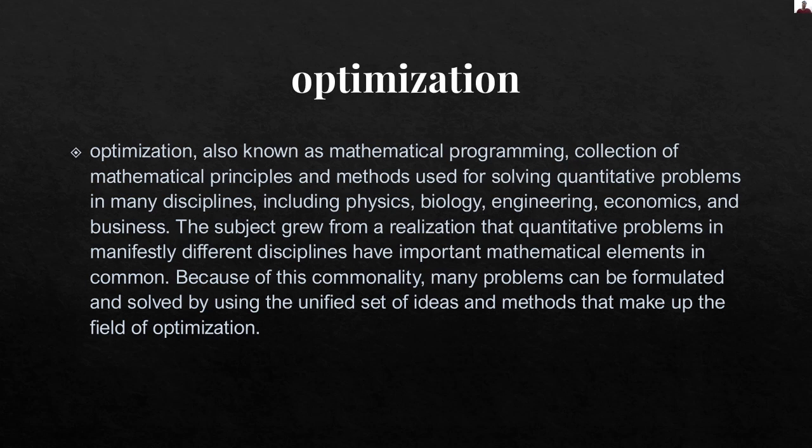The subject grew from the realization that quantitative problems in manifestly different disciplines have important mathematical elements in common. Because of this commonality, many problems can be formulated and solved by using the same sets of ideas and methods that make up the field of optimization.